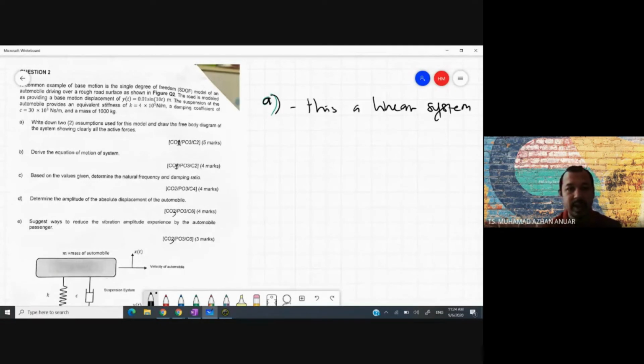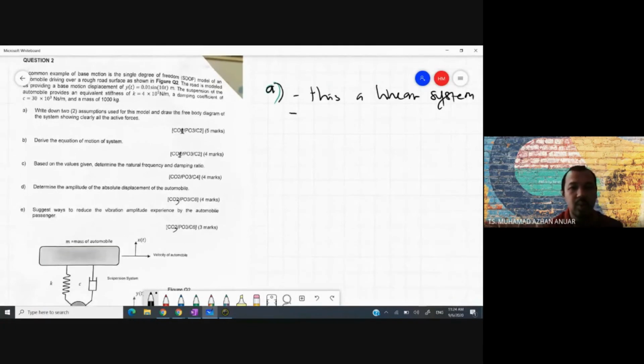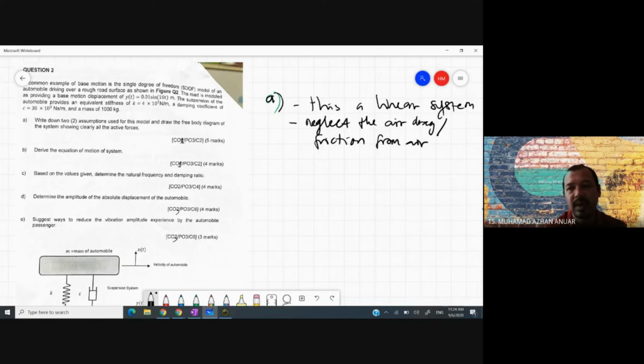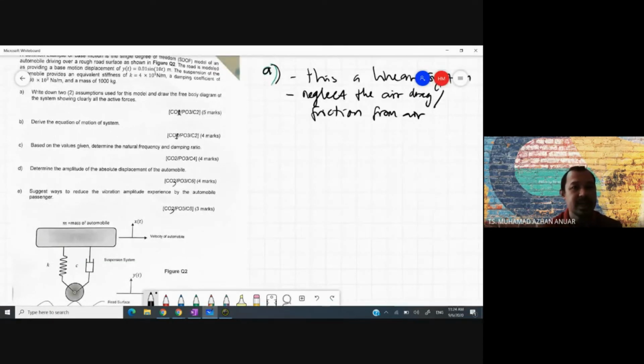Number two, we can neglect the air drag, or the friction from the air. Meaning that the amplitude of the system will attenuate due to the suspension, due to the K and due to the C, not due to the friction from the air.